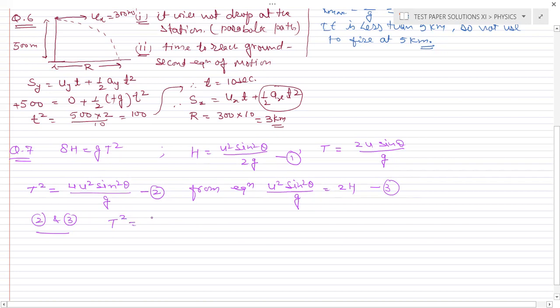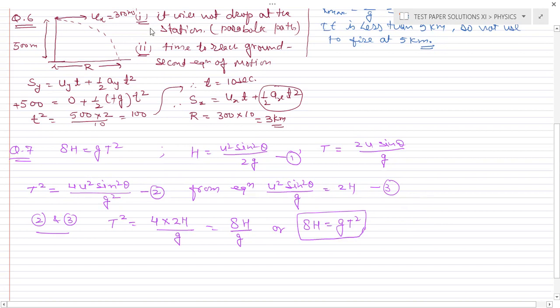T square is equal to 4 multiplied by 2h upon g. So it is equal to 8h upon g, or you can write, 8h is equal to gt square. So this will be the result, right, which we wanted to find out. So this is question number 7.